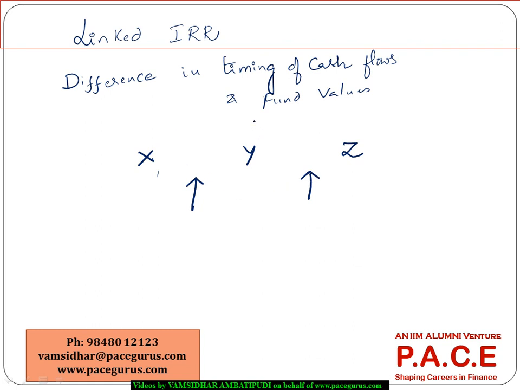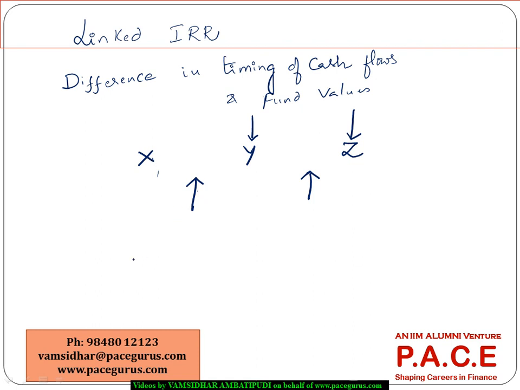The fund values are not computed on these dates, but somewhere in the middle. This is the case where I can think of using the linked IRR kind of a concept. So wherein I am linking all the individual IRRs.